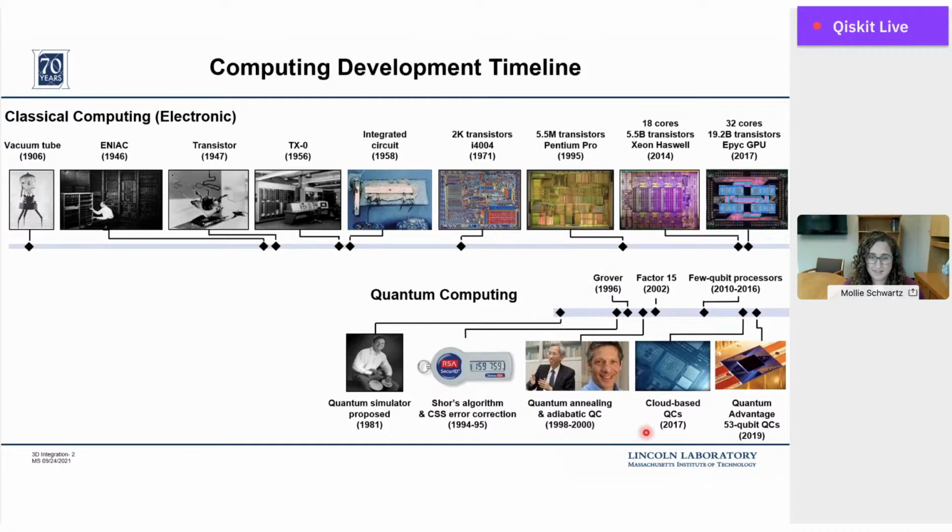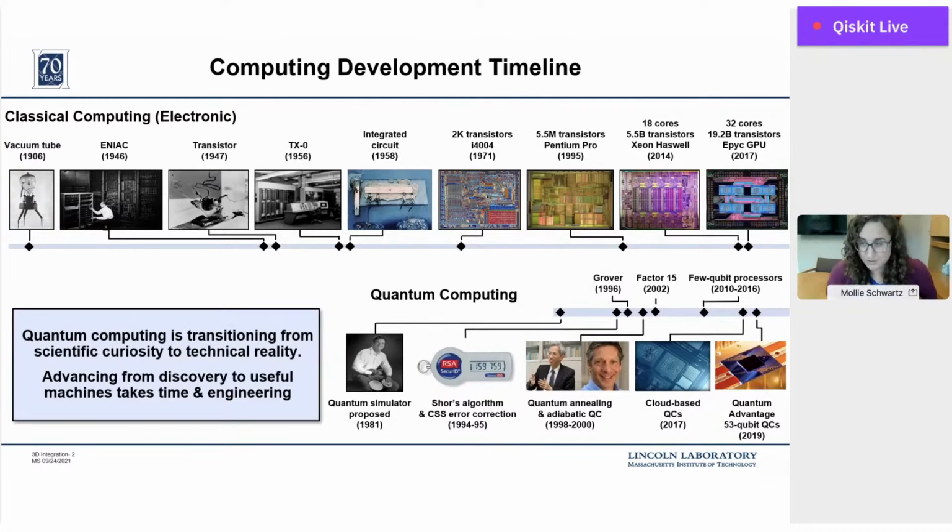But as of 2017, there are now cloud-based quantum computers that are available on the internet that was provided to us by this classical computing revolution over the last century. And a few years ago, we've even developed quantum advantage, which is to say we've performed, and in particular, the folks at Google performed an algorithm with a quantum computer that was significantly faster than they could have done even with the most powerful classical computers.